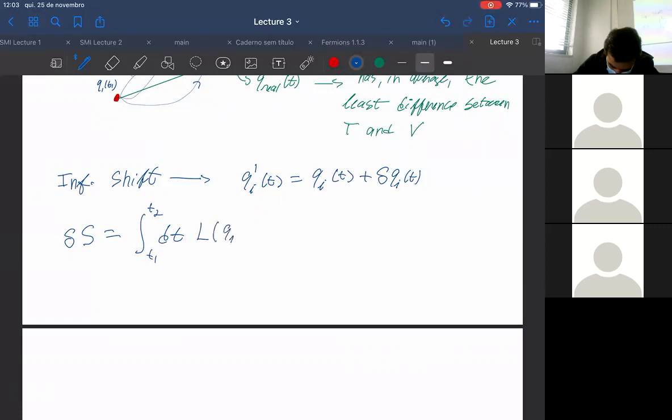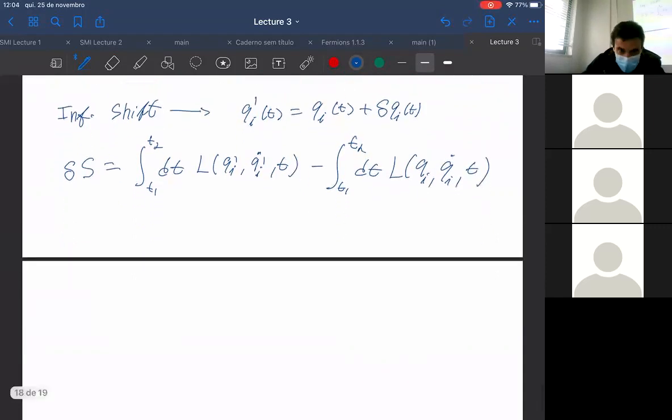So this is the integral from t1 to t2 of dt L(q_i', q_i dot', t) minus the integral from t1 to t2 of dt L(q_i, q_i dot, t).